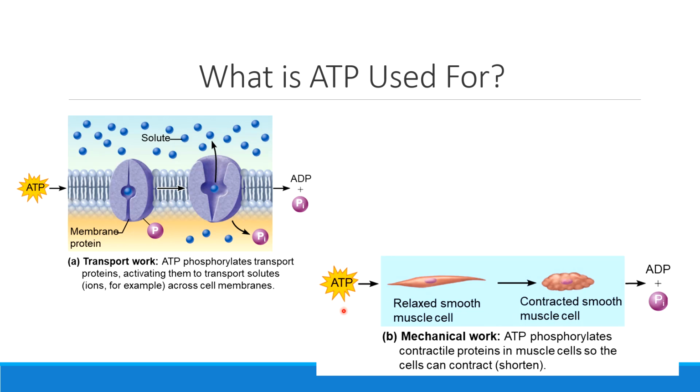Notice, by the way, when I use this ATP to perform a process, I end up with ADP. I end up with a form that doesn't have nearly as much energy. But I used that energy either to move something or to contract.